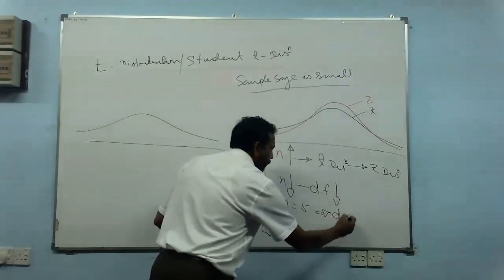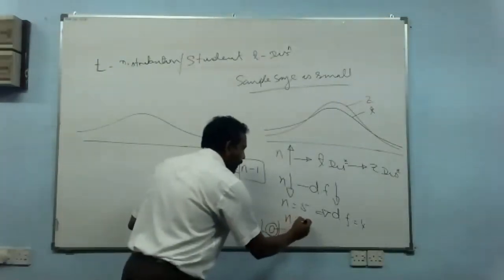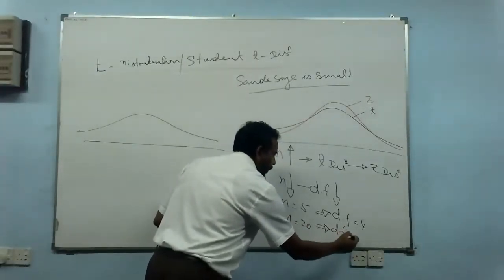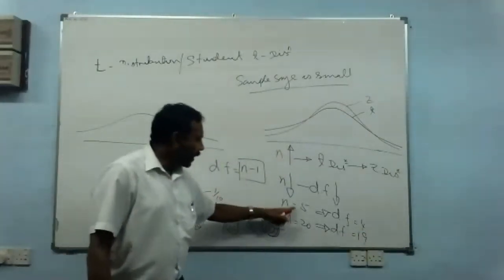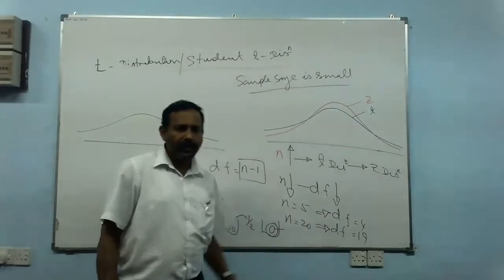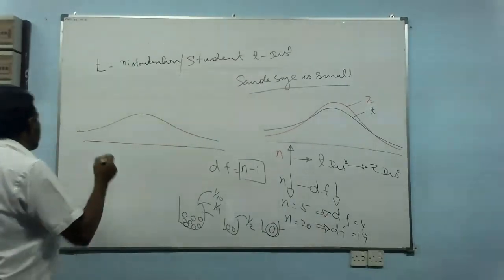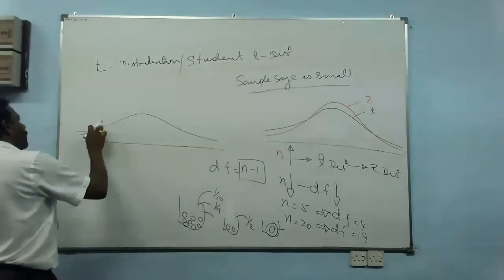Degrees of freedom is 4. If n is 20, what is the degrees of freedom? 19. You see, when the sample size increases, degrees of freedom also increases. Right, look at the T distribution. I'll use another color pen.